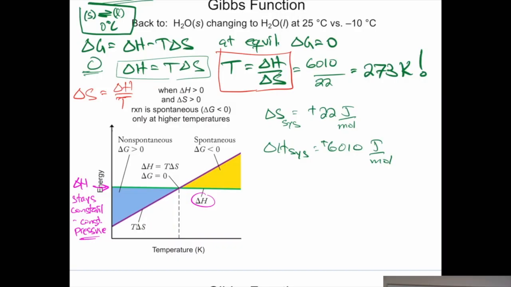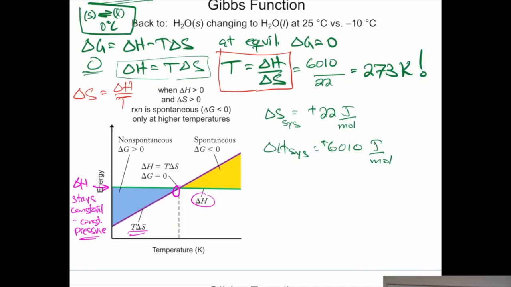And then the purple one here, that's our T delta S line. Here's our equilibrium temperature. So when we're below it, at some temperature below that line, the T delta S value here is lower than the delta H value. And in this case, they're both positive values.